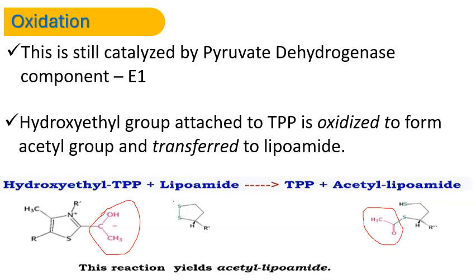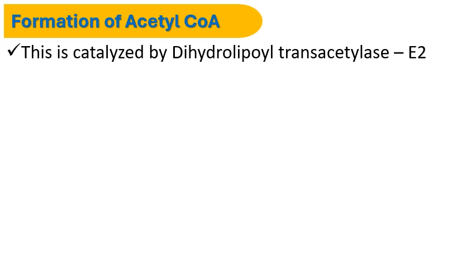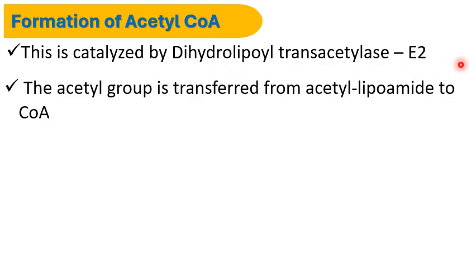And this lipoamide, which is in the oxidized form, is then reduced halfway. We say that it is now half reduced. Now, in the next reaction, which is the formation of acetyl-CoA, which is catalyzed by dihydrolipoyl transacetylase. As a transacetylase, it means that there is a transfer of an acetyl group.